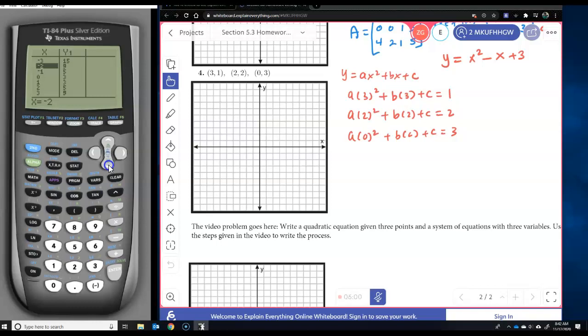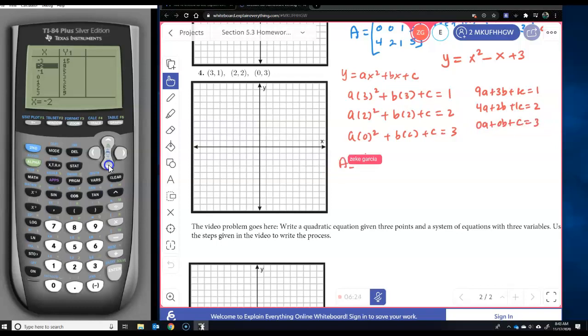So what is the system? The system is 9a plus 3b plus 1c is equal to 1. 4a plus 2b plus 1c equals 2. And then we have 0a plus 0b plus c equals 3.